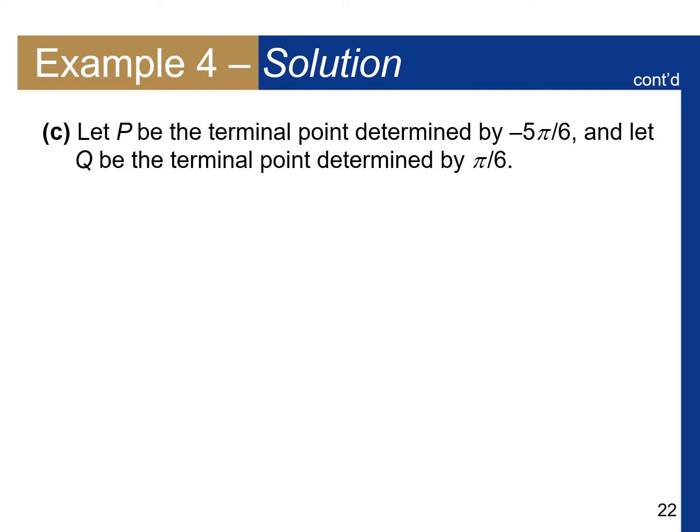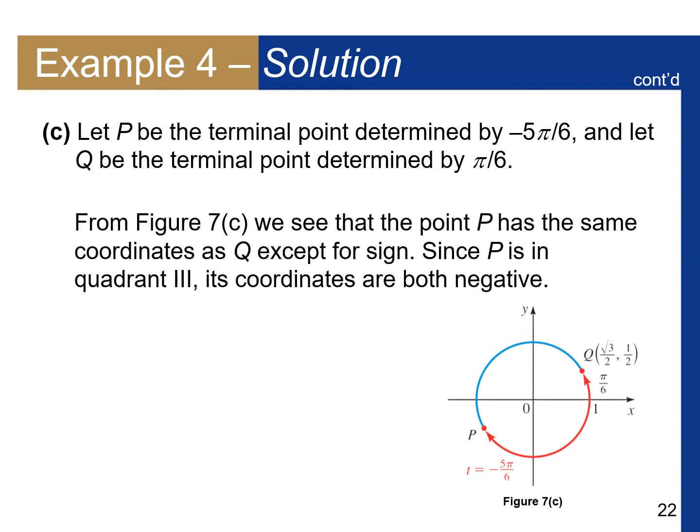Now let's take a look at negative 5 pi over 6. Negative 5 pi over 6, I would start here and I would go around to here. Okay, now pi over 6 would give me the terminal point of the square root of 3 over 2 and 1/2. And again, how do I know that?